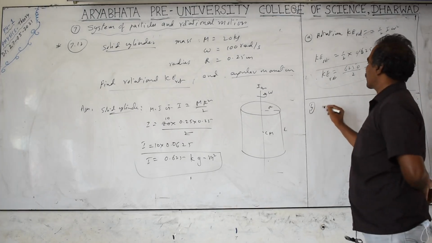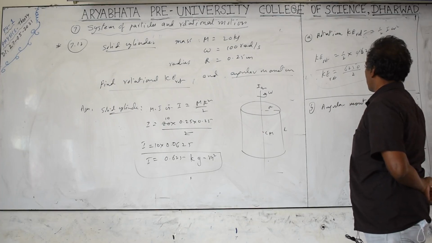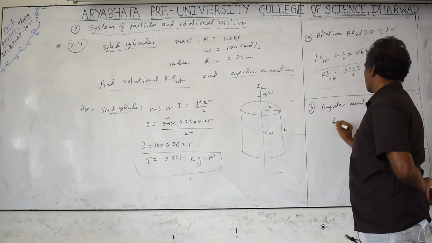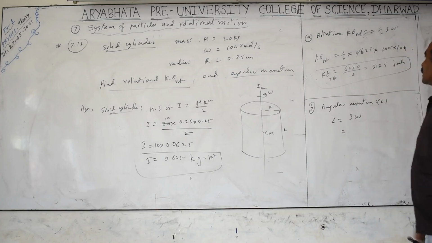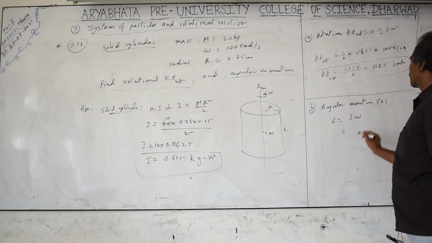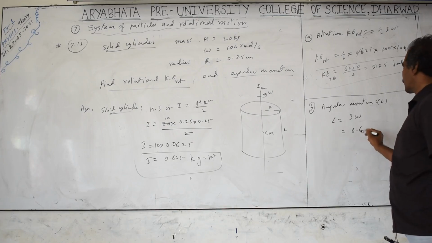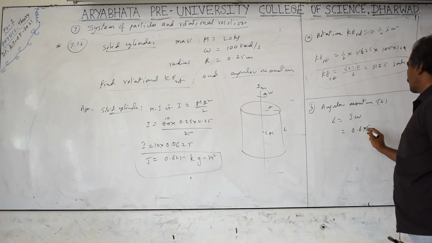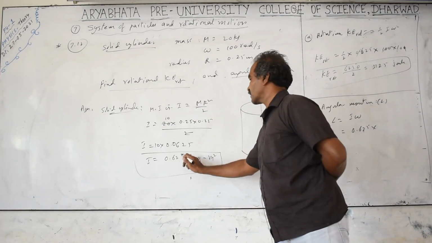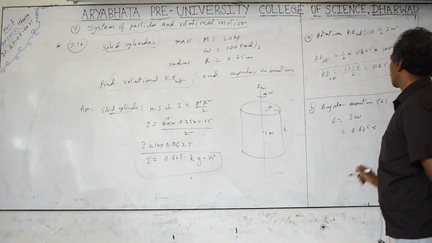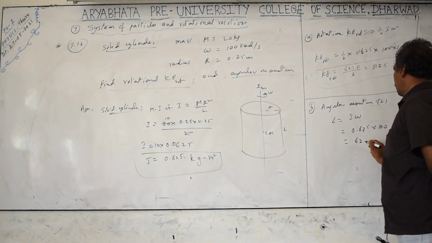Next, part B, angular momentum. L is equal to I omega. I is 0.625 into omega, which is 100, which equals 62.5.